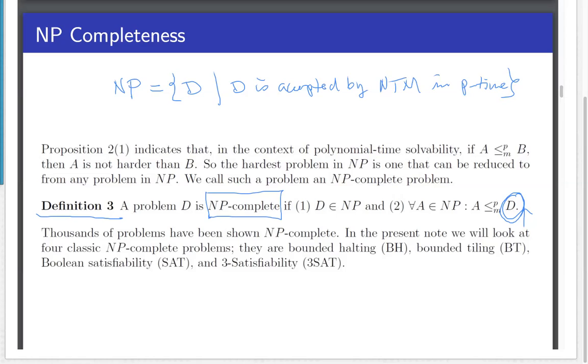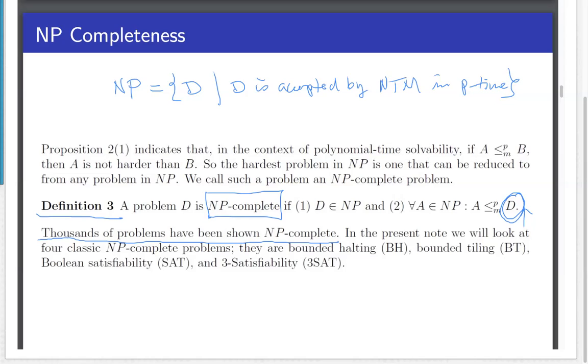Okay, so first of all, I would like to mention here that there are thousands of problems that we have encountered in different fields that have been shown to be NP complete.